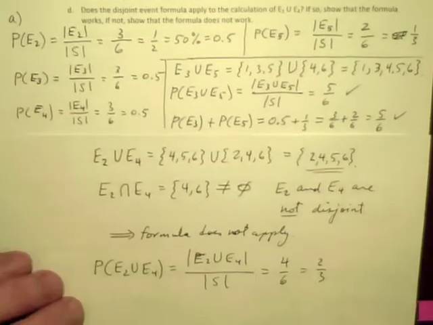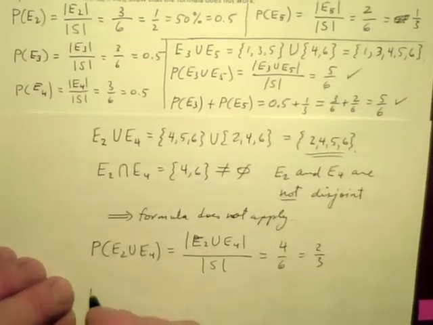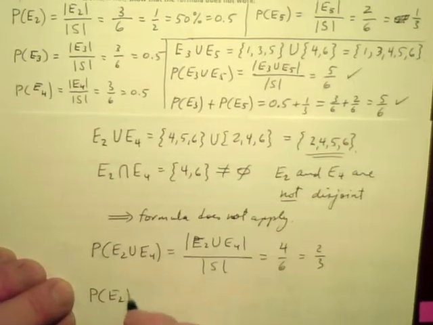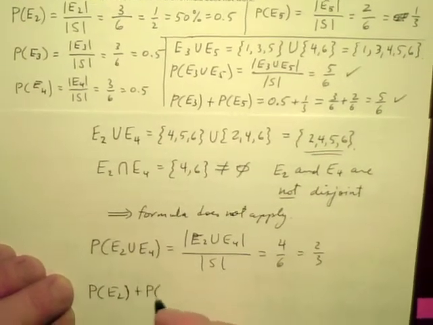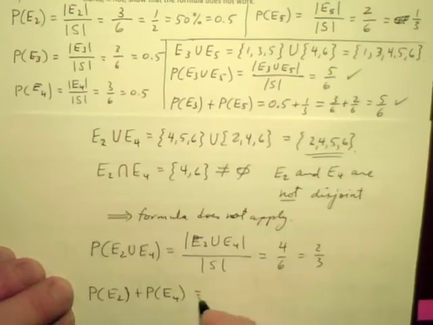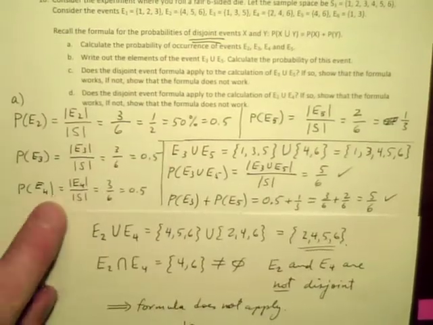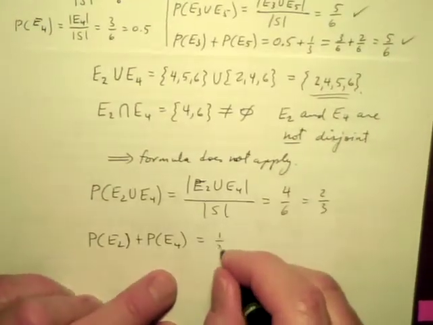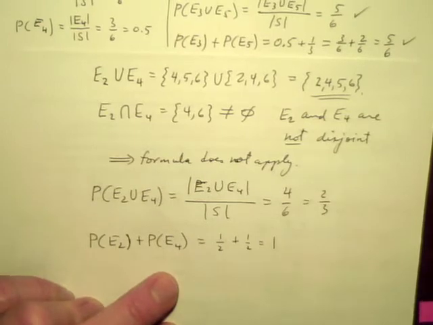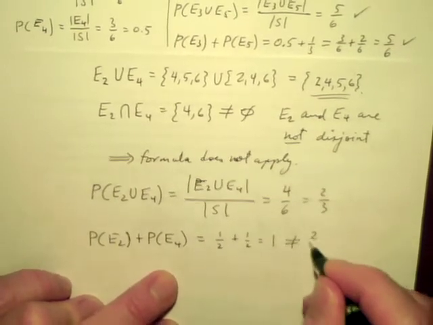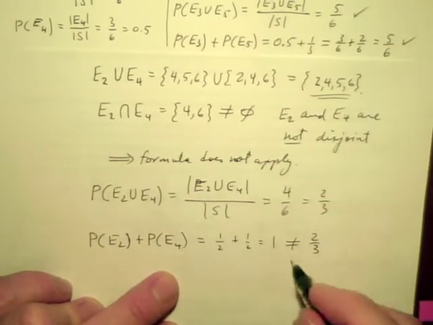Now let's show that the formula doesn't work and calculate P of E2 plus P of E4. And the probability of E2 was 1/2, and the probability of E4 was also 1/2. And that sure does not equal 2/3. Okay?